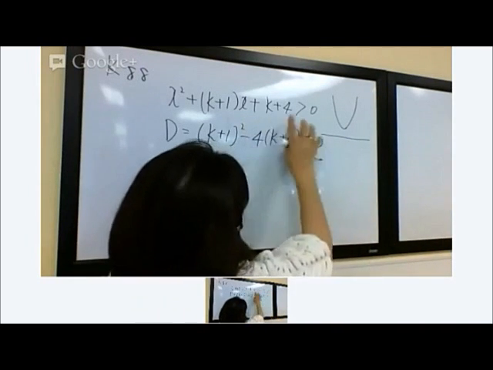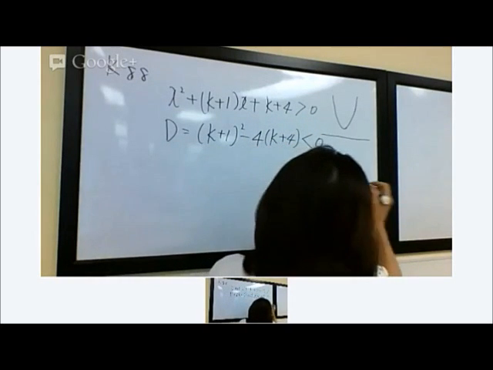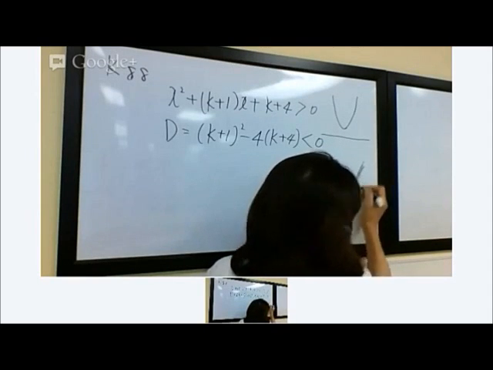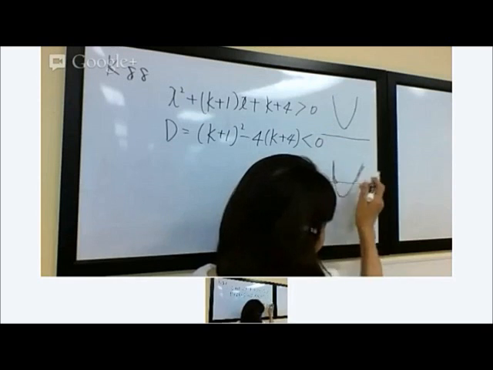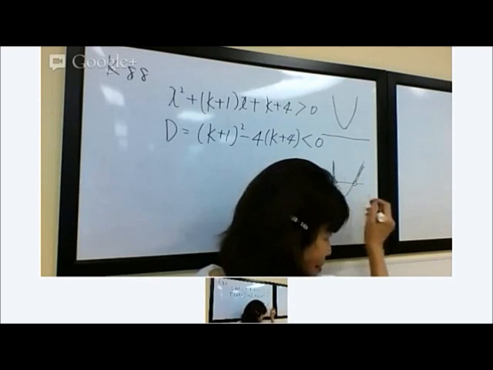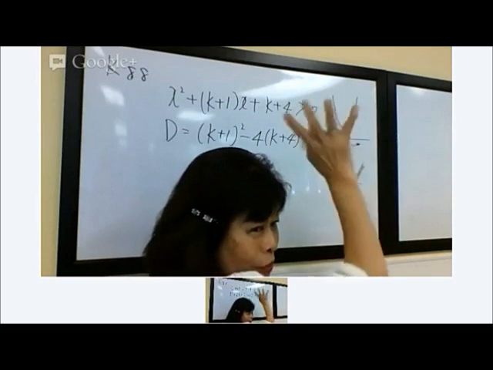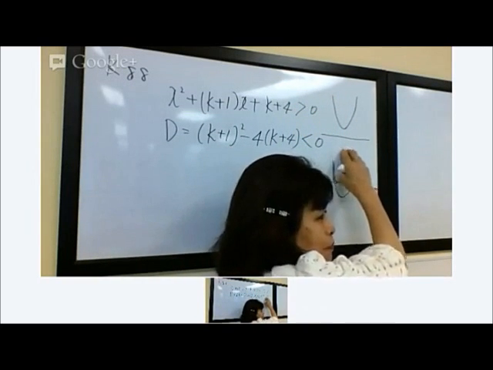Of course, this one, greater than 0, right? But if some portion goes this way, the answer is only here. You know, greater than 0. It's greater than 0 either here or here, and less than 0 here. But this question says the entire graph needs to be greater than 0, which means this situation.